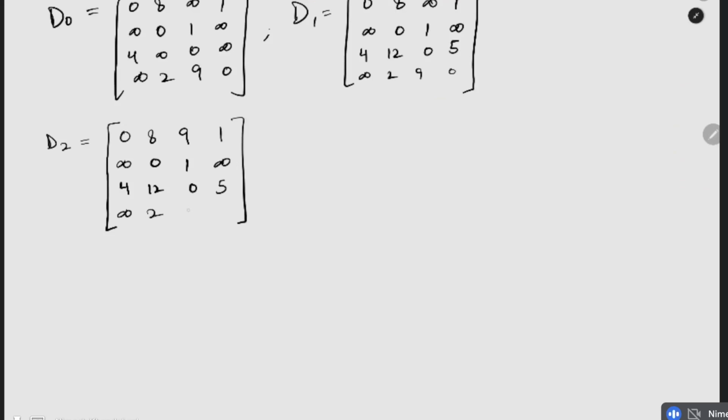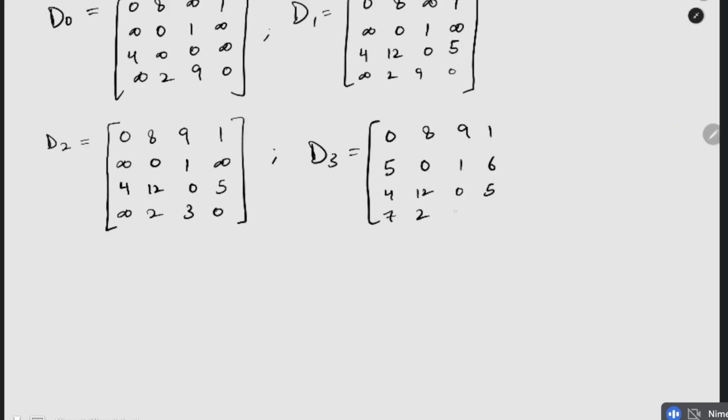20, 2, 3, 0. When we look at vertex 3, it will be 0, 8, 9, 1, 5, 0, 1, 6, 4, 12, 0, 5, 7, 2, 3, 0.